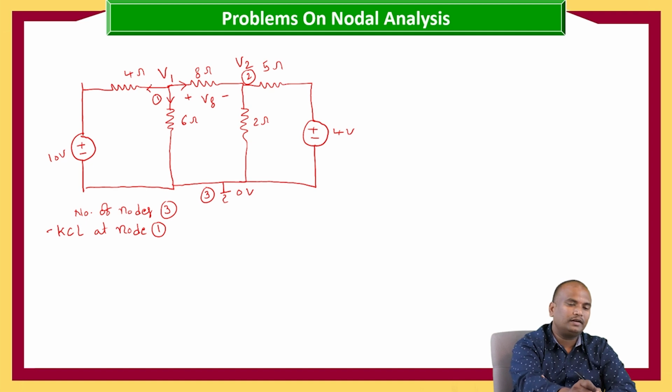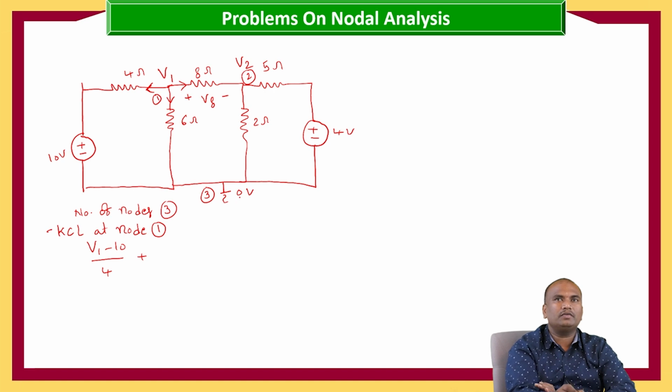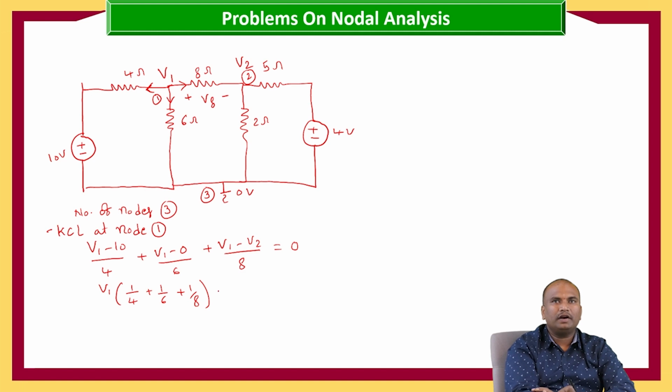So KCL at node 1. The current flowing through 4 ohms: we have V1 on one side and 10 volts on the other, so the resultant is (V1 minus 10) by 4, plus (V1 minus 0) by 6, plus (V1 minus V2) by 8, which equals 0. Taking V1 common, (1/4 plus 1/6 plus 1/8) V1 minus V2 by 8 equals 10 by 4.